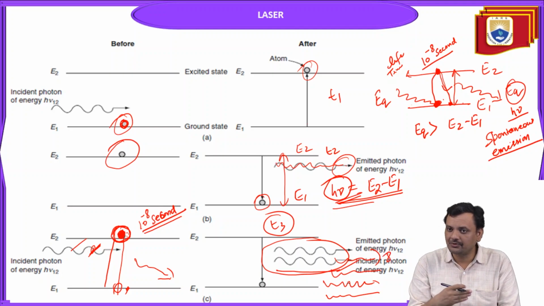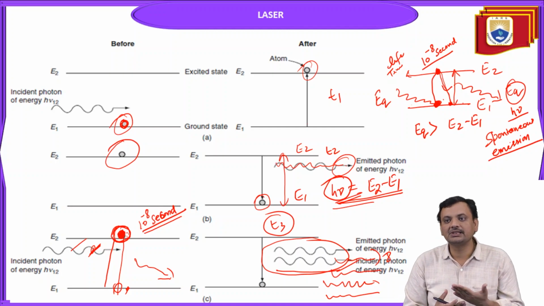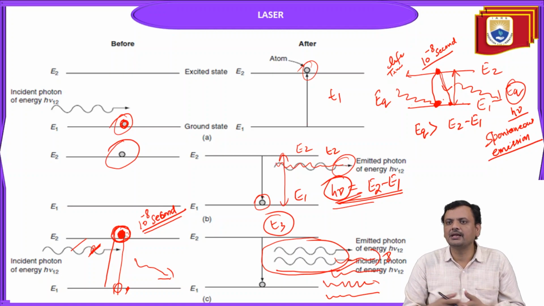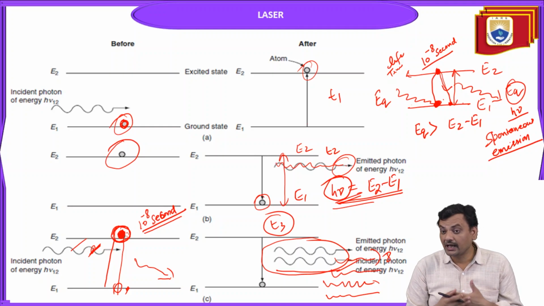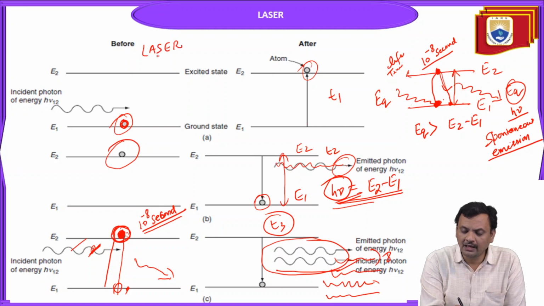Then again 8 photons will be responsible for generation of 16 photons. Now see, your number of photons is rapidly increasing. Meaning light is amplifying, and that is why laser means light amplification.